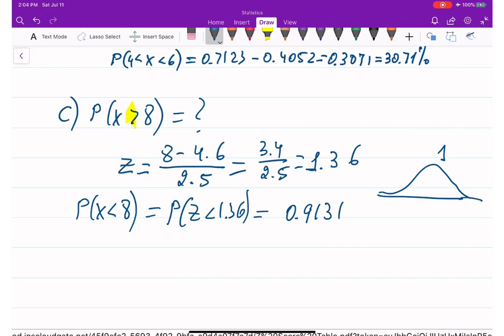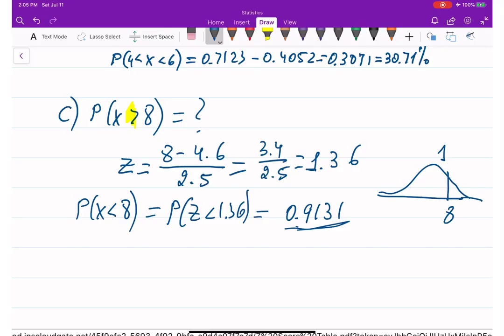So if x is 8, we got less than 8. It's 0.9131, it's 91%, so of course it's going to be much more than that, way close to the end.